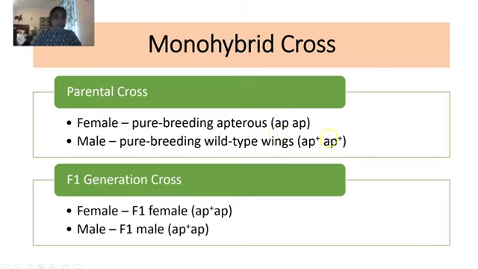In this case, we are representing this particular genotype a little bit differently, which I had also talked about previously in the last lecture. So the AP is lowercase for Apterous, and the plus sign indicates the wild type phenotype. And ap, which is not the wild type but actually the shriveled up wings, the Apterous, is simply signified as ap.